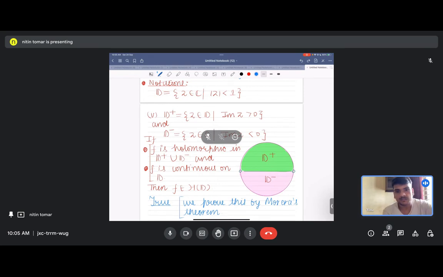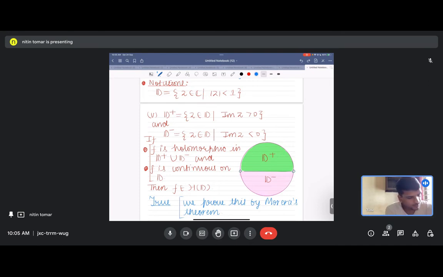All those complex numbers lying in the open unit disk whose imaginary parts are strictly positive. So it is like the green portion of the open unit disk.